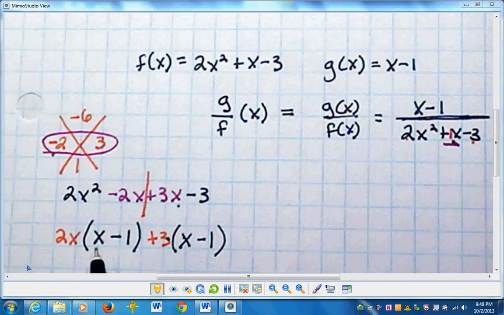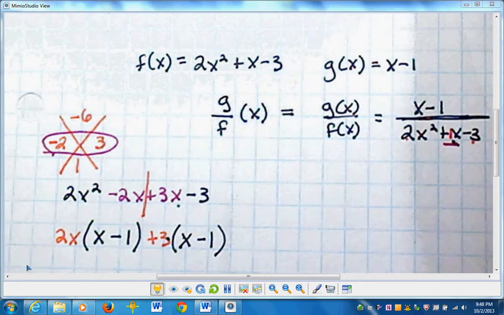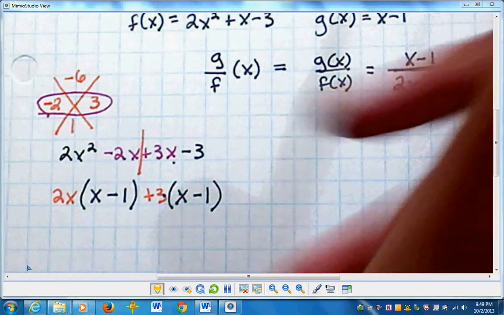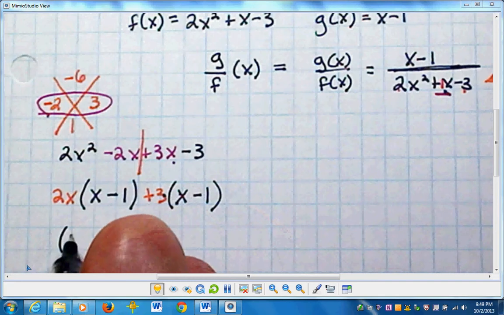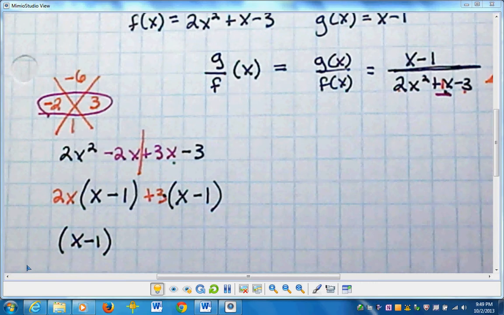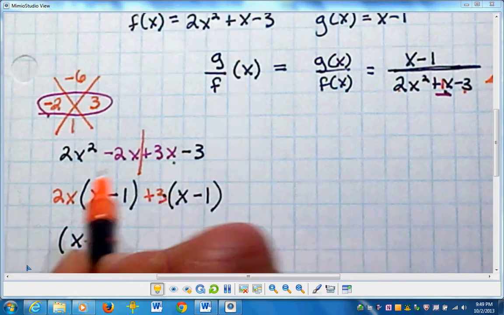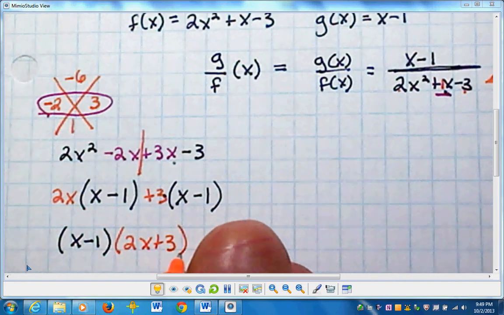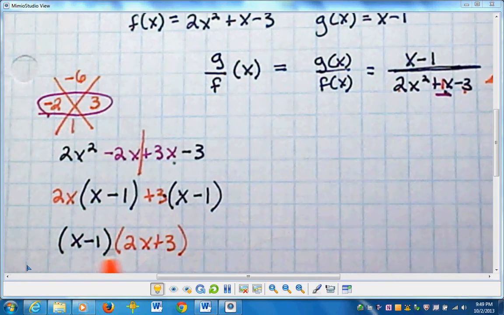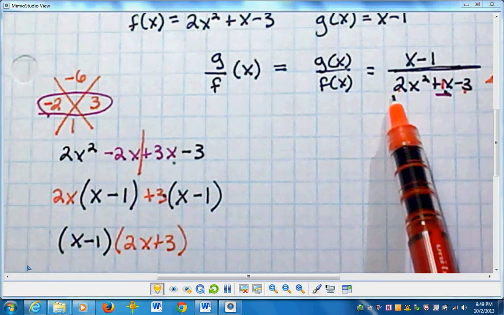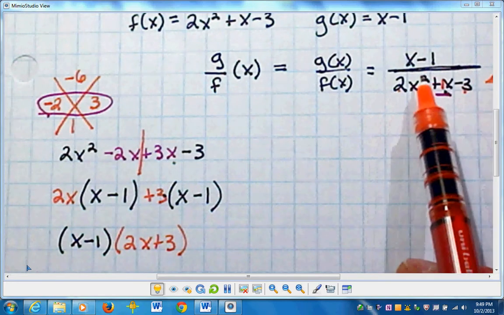So if you notice, I have x minus 1 in parentheses in both of those. Since they're both the same, I can essentially factor them out. I'm undistributing them. So I have x minus 1, and what I have left is my 2x plus 3. So this is the factored form of this quadratic down here in the denominator.